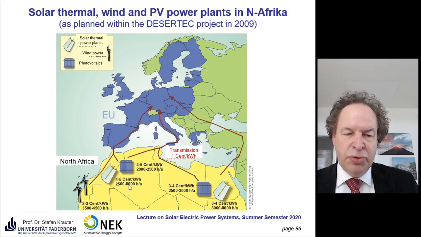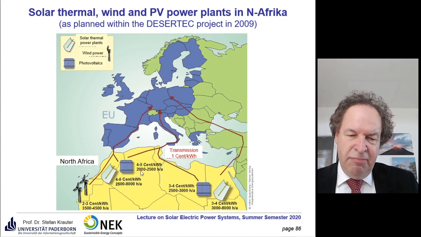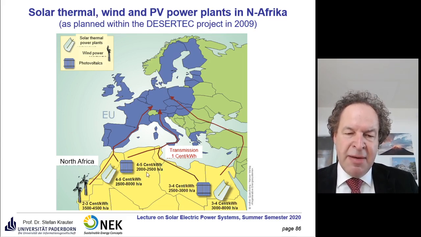And due to the attached storage, you can have 8,000 full load hours per year. That means it's running through all the year. Or photovoltaics, with battery storage being quite expensive, so it was just considered to work during daytime, and there you can achieve 2,000 to 2,500 full load hours.